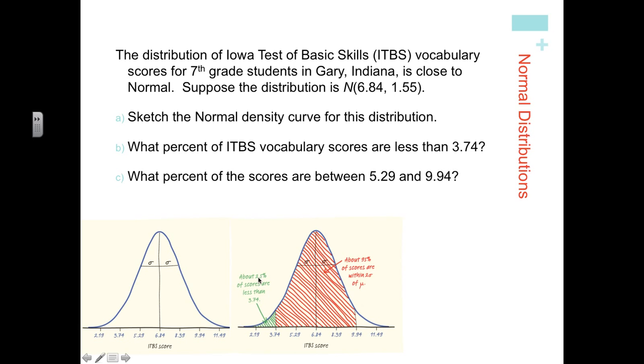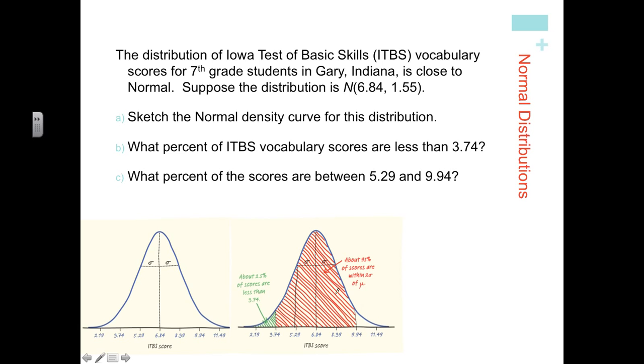So in this graph you can see I shaded it in green, but here's where you're going to use your empirical rule to estimate where you think it would be. So here's one standard deviation.